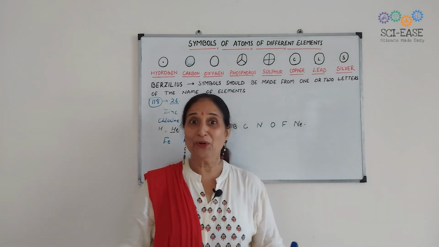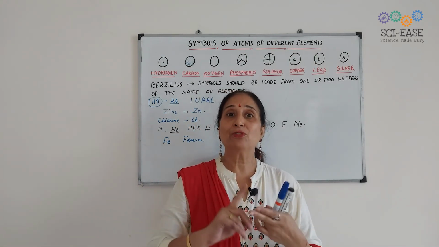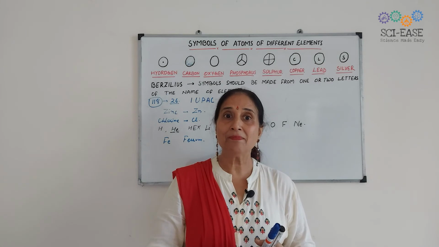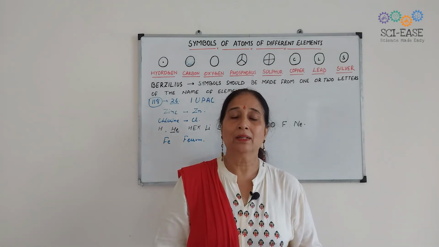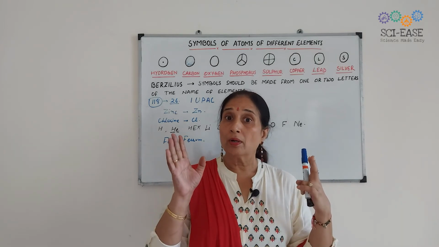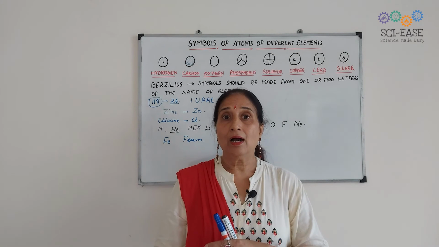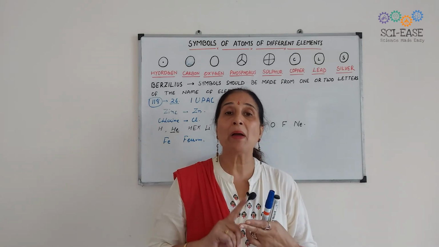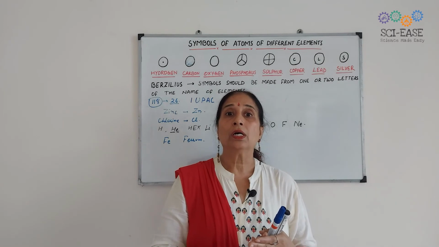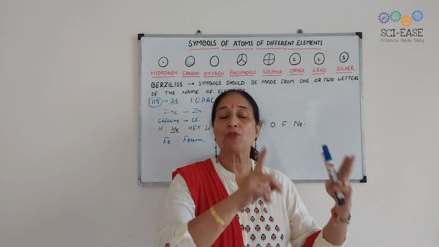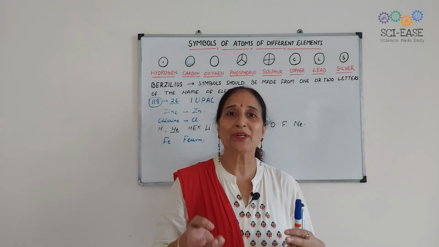So I have told you enough in this video. I have told you about the atom, its size, and then its symbol. So go through this video, and apart from this, you must memorize the symbols of the elements from atomic number 1 to 20. That should be on your tips.